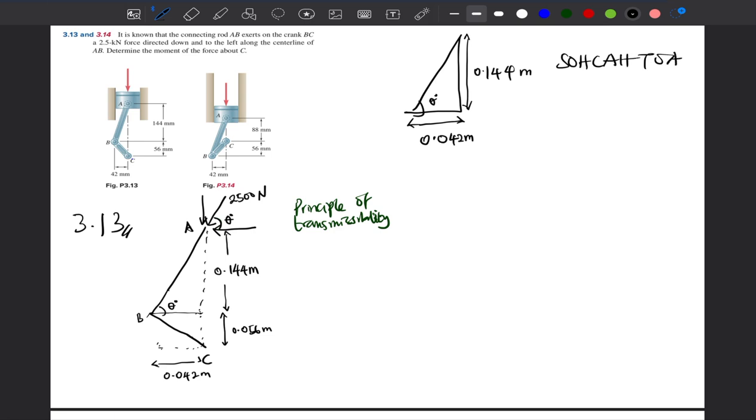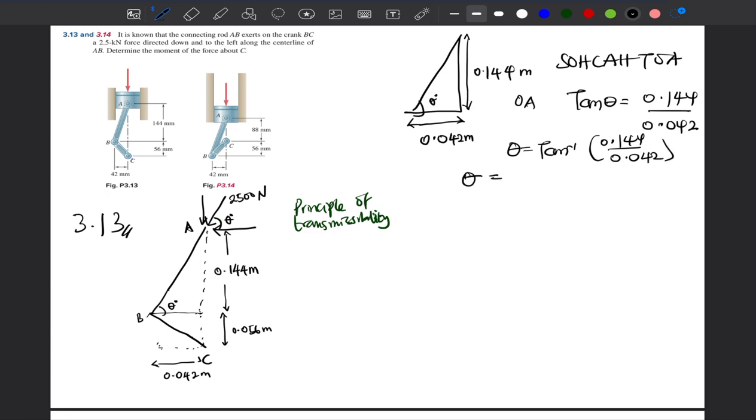Because we have opposite and adjacent, we are going to use tan. That is, tan theta is equal to 0.144 over 0.042. Our theta should give us 73.74 degrees.